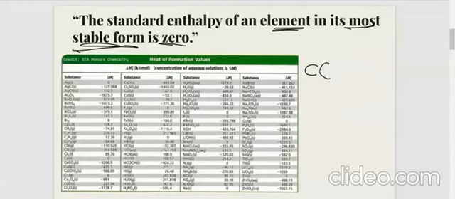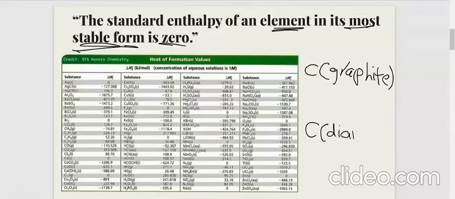Carbon, as in graphite, and carbon, as in diamond. Carbon exists as graphite in nature, so its standard enthalpy of formation is 0 kilojoules.